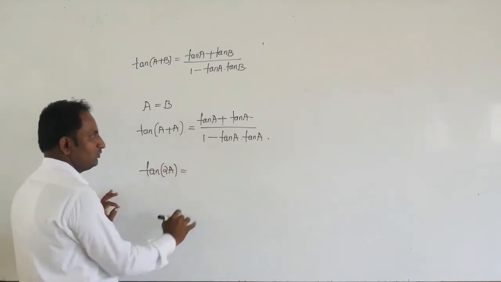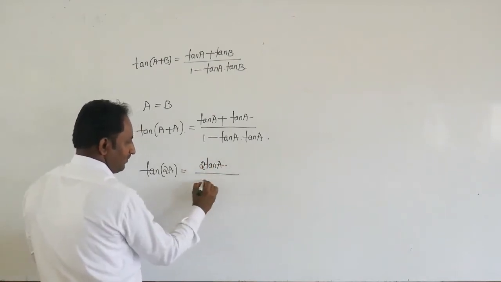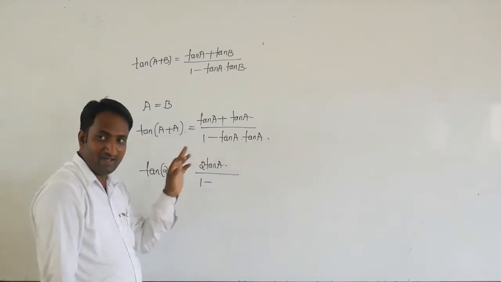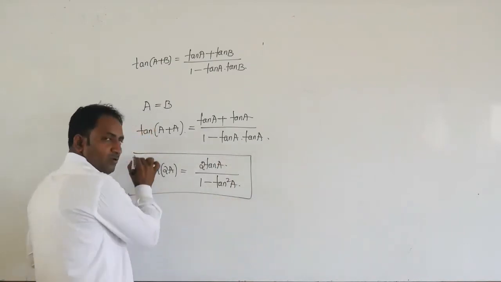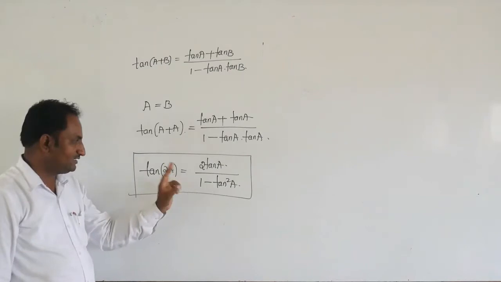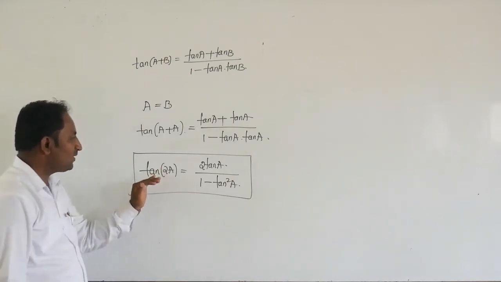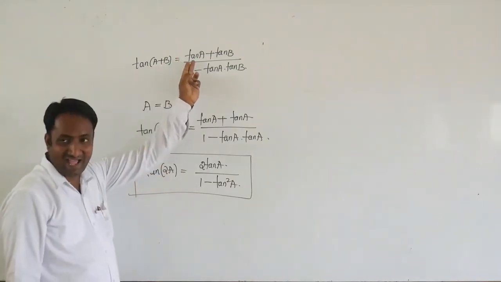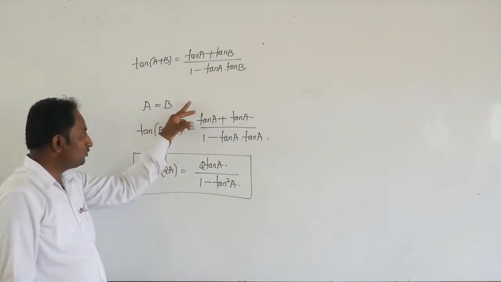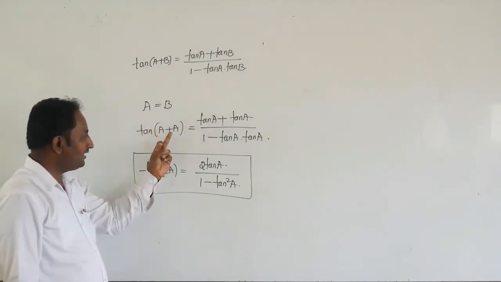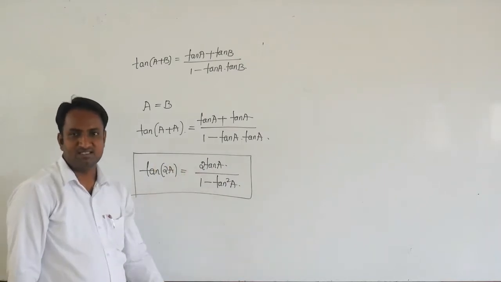Tan of 2A is equal to tan A plus tan A, the value is 2 tan A, divided by 1 minus tan A into tan A, the value is tan square A. Here we get another important formula: tan of 2A is equal to 2 tan A divided by 1 minus tan square A. From the formula tan of A plus B, in place of B we substitute A, then we get tan of 2A is equal to 2 tan A divided by 1 minus tan square A.